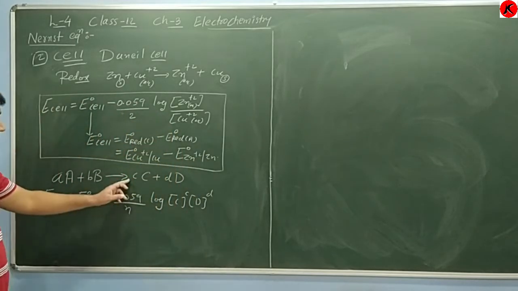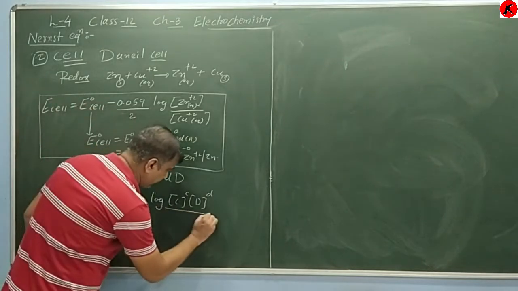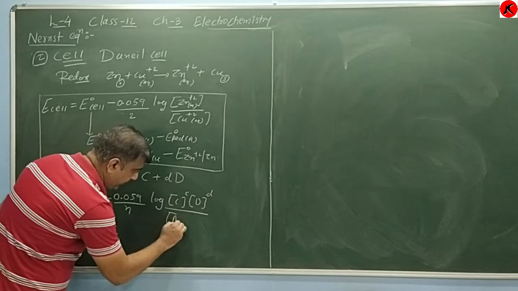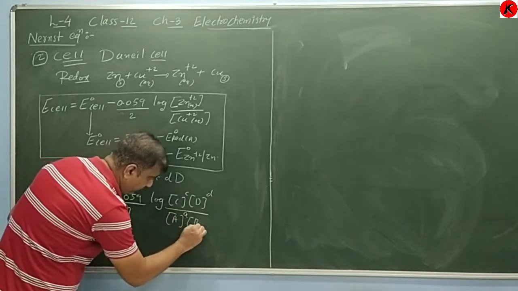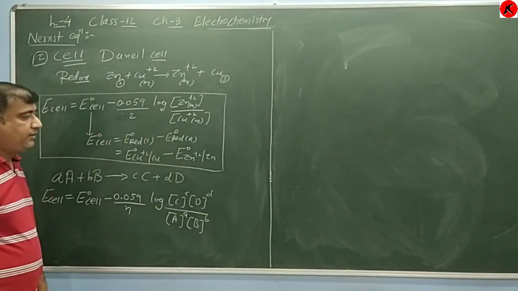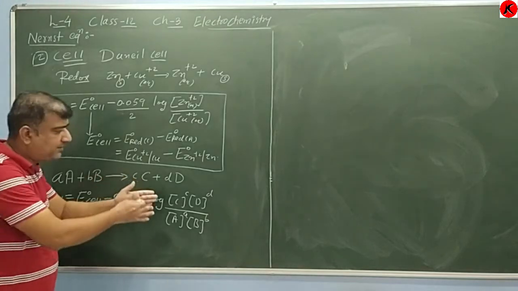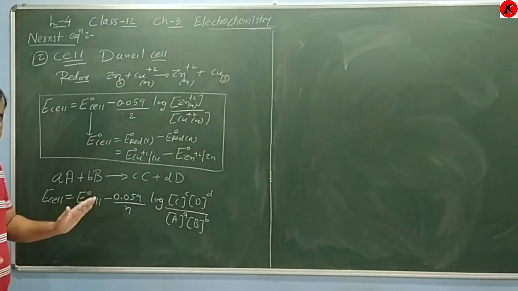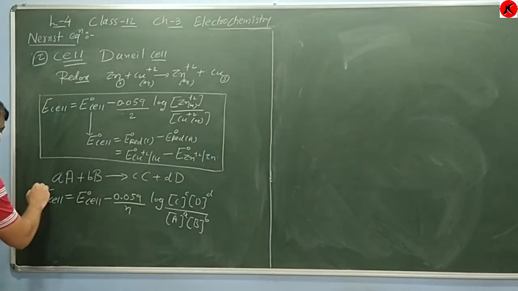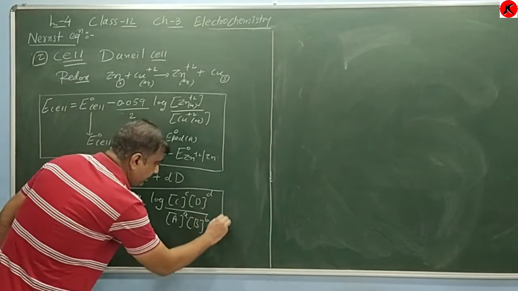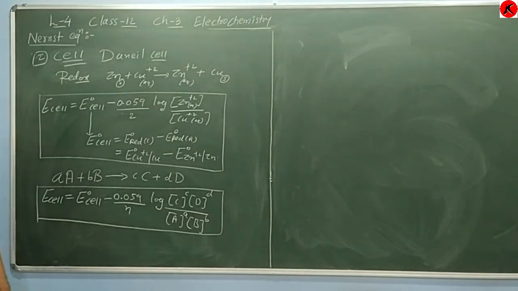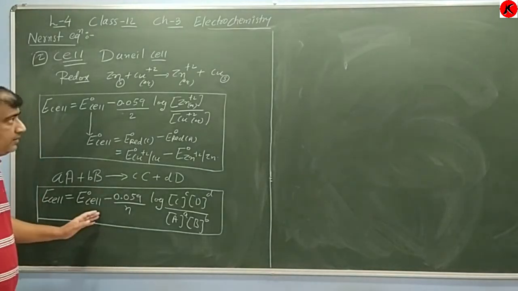That means moles will be in power form, because it is concentration of product divided by reactant, then [A] power a and [B] power b. Remember this. And for the species which are in solid form and liquid, there is no need to write them. So this is the general equation for writing the Nernst equation.